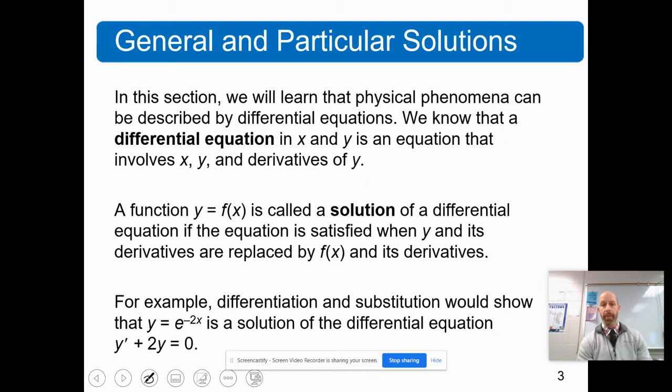So for example, and this is important, differentiation and substitution would show that y equals e to the negative 2x is a solution for the differential equation y prime plus 2y equals 0.